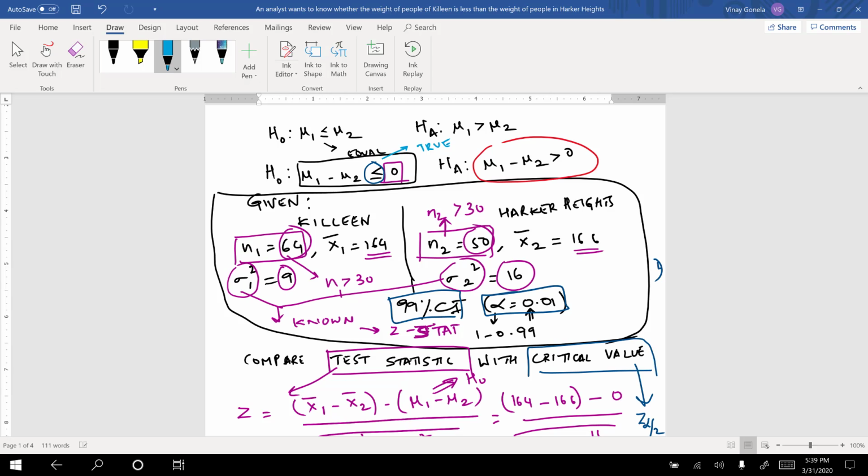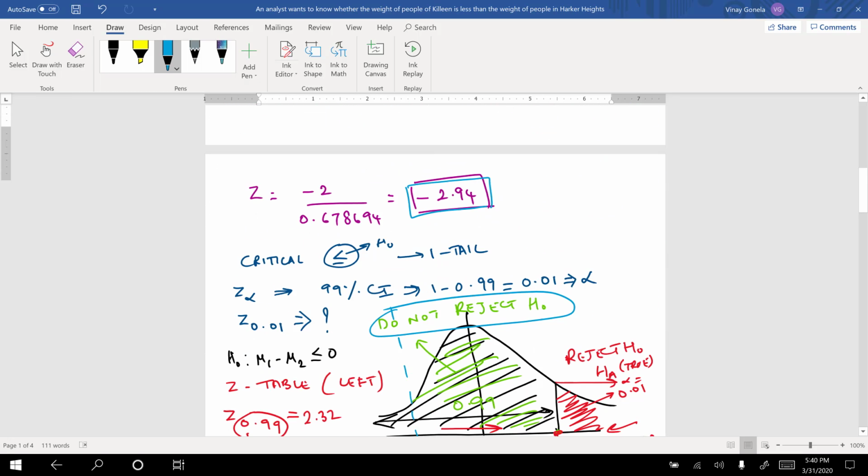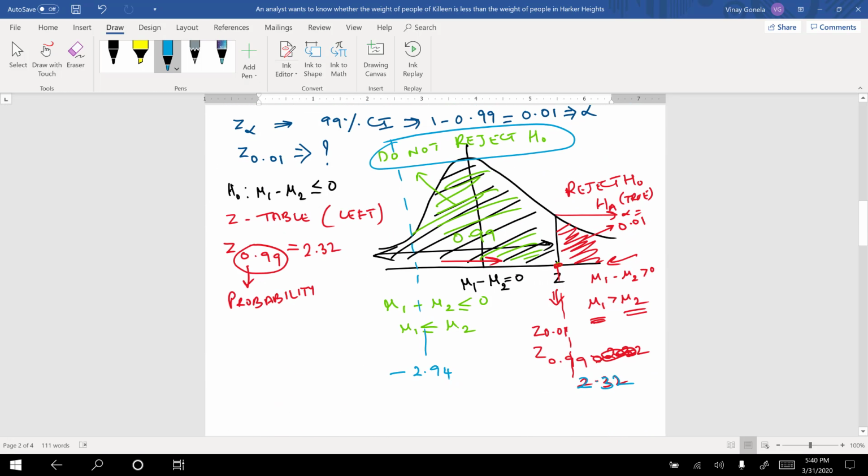So that means the weight of people in Killeen is less than the weight of people in Harker Heights. Again, the weight of people in Killeen is less than Harker Heights.